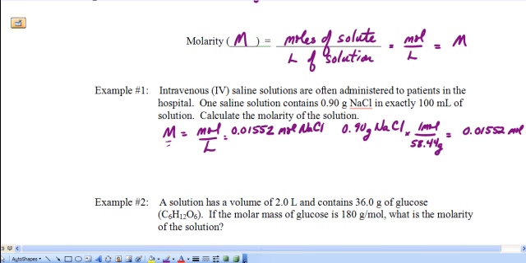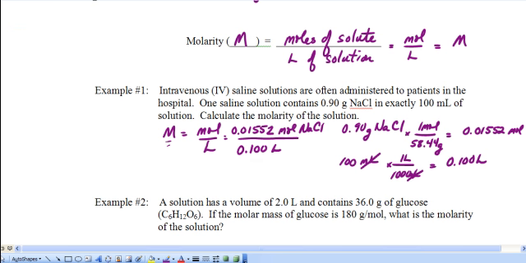Next, we need to determine the volume in liters. Well, we have 100 milliliters of solution. In 1 liter, there are 1,000 milliliters. So the milliliters divide out top and bottom, and that gives us 0.100 liters of solution. So now we can plug that back into the equation.